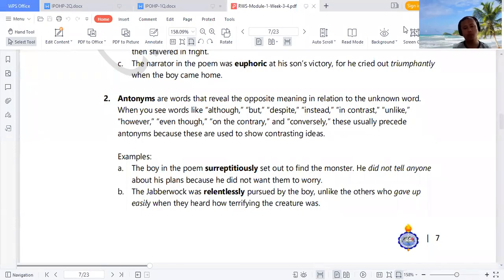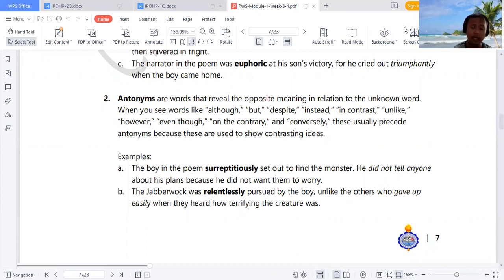Okay, so the Jabberwock was relentlessly pursued by the boy, meaning persistently, continuingly, consistently pursued by the boy. Nilabanan niya. Okay? Unlike the others who gave up easily. So, what is the antonym of who gave up easily? The antonym of that, or the opposite of that, is relentlessly.